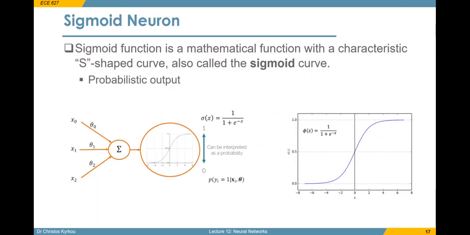An example of such a function that is commonly used in neural networks is the sigmoid function, which gets its name from the S shape of the curve, which, if you notice, goes from 0 to 1. So this allows it to be interpreted as a probability. It has a probabilistic formulation that can be used in different machine learning problems.